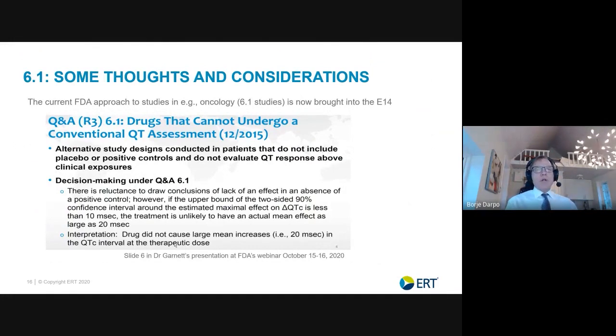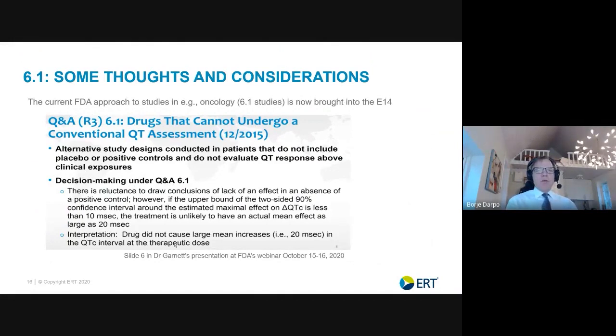So if we run a study with an oncology compound without placebo and with a therapeutic dose, and we can exclude an effect above 10 milliseconds, which is the upper bound being below 10, then this is what will go into the label.